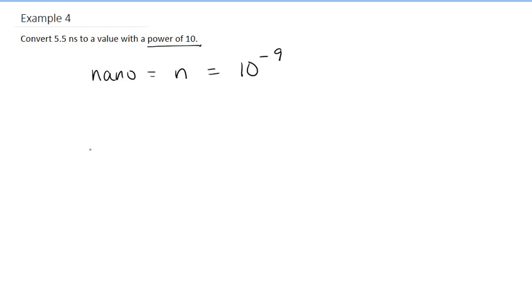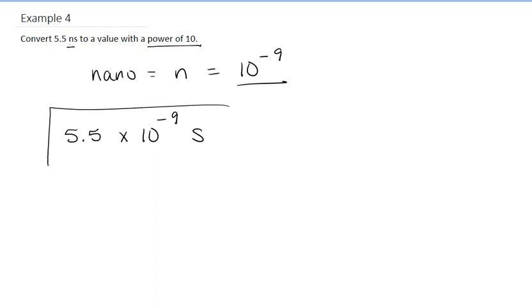So when we convert, all we need to do is multiply this 5.5 times 10 to the negative 9th, and then we would put seconds, because instead of using the n, we are indicating the value with the power of 10. So it's 5.5 times 10 to the negative 9th seconds.